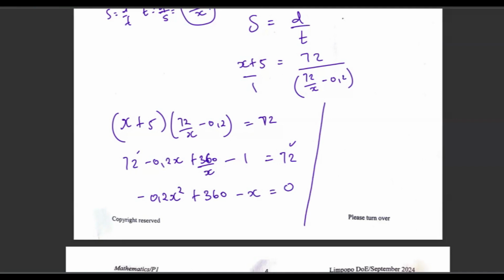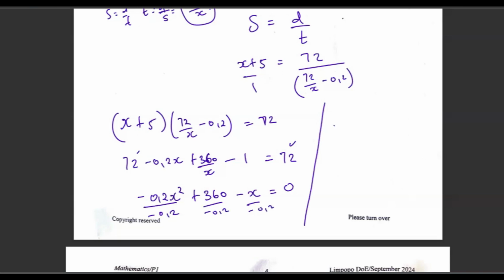And then if I'm to look at this quadratic, is it possible for me to solve it? Yes. If I divide through by 0.2, and then transpose, let me just say I'm dividing it by negative 0.2. Divide by negative 0.2.